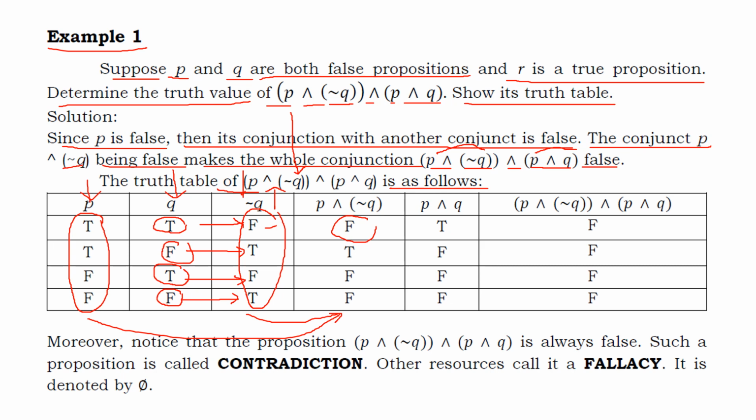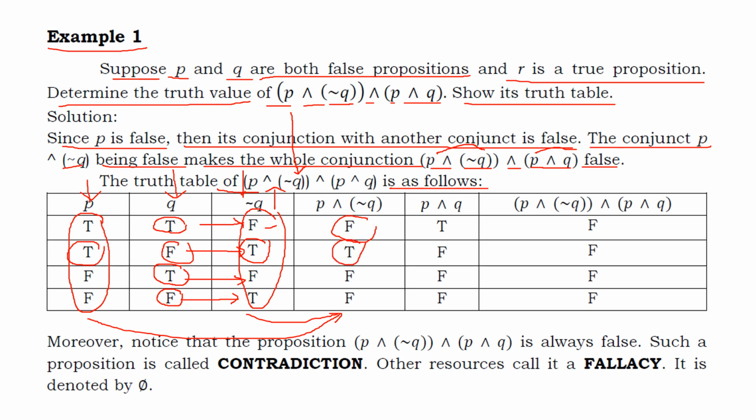Now, if they are both true, as you can see here, your P proposition in your third row is true, and for your negation Q, the same thing with your P proposition, this is also true. Then your P conjunction negation Q is also true.